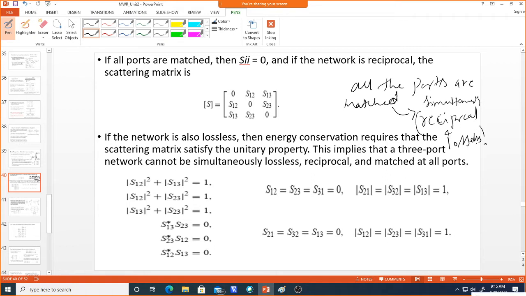So this cannot be achieved simultaneously if all the ports are matched. Okay, that is justified with these equations.